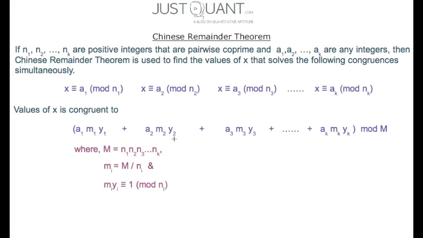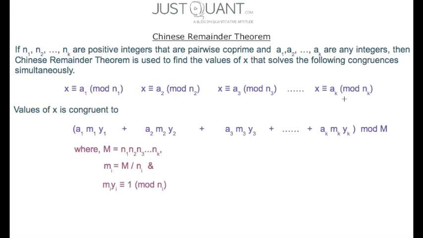For example, y2 is obtained by using the congruence m2 y2 is congruent to 1 mod n2. So in this expression, the sum of a1 m1 y1 and a2 m2 y2 and so on until ak mk yk gives one of the values of x, and this value mod m gives all the possible values of x that satisfies these congruences.